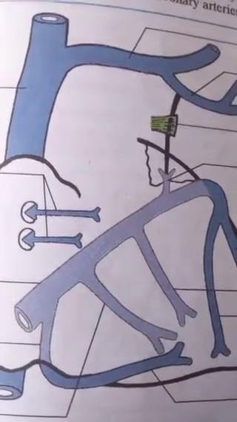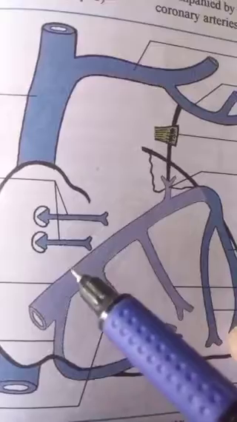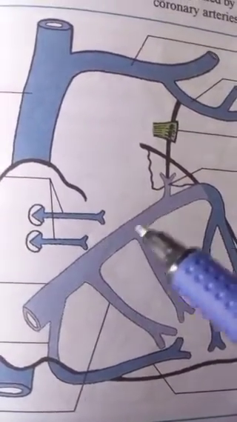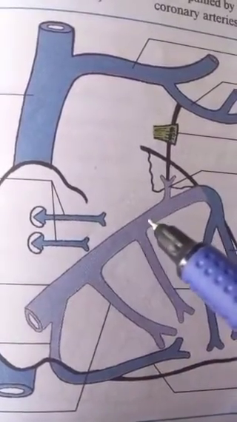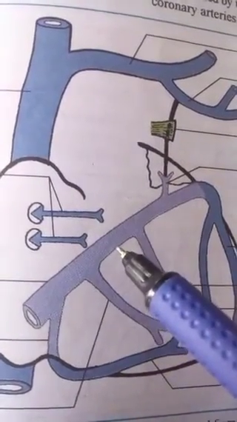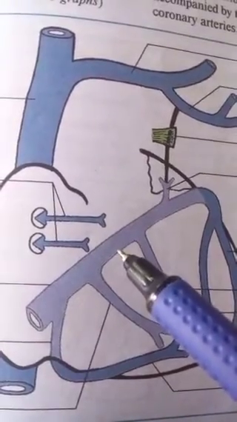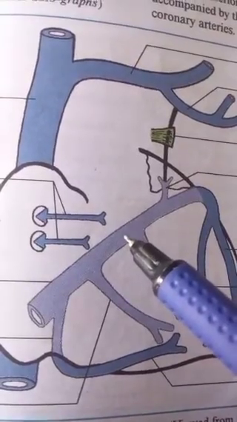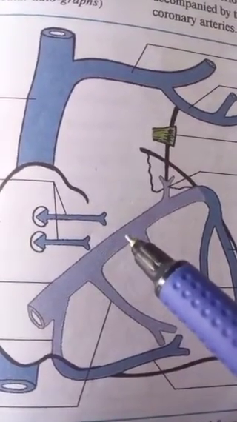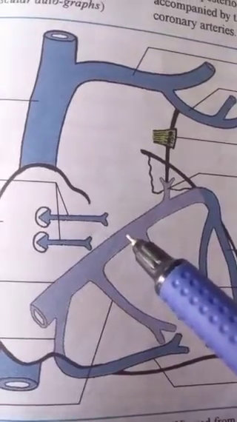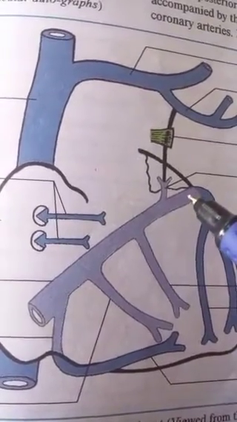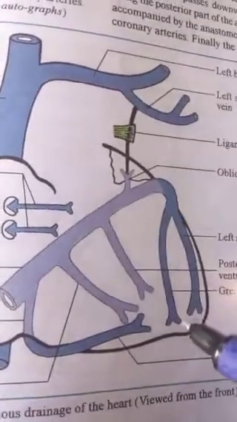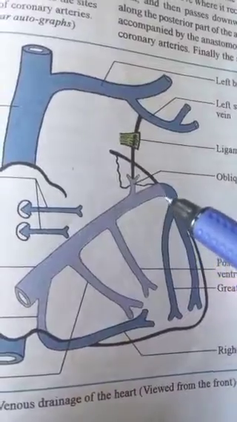The coronary sinus is a wide venous channel about 2 to 3 cm long, situated in the posterior part of the atrioventricular groove. As I have discussed, it receives about 60% of the venous blood of the heart. If we discuss the course of the coronary sinus, it begins in the left part of the atrioventricular groove, where it receives the vein called the great cardiac vein.